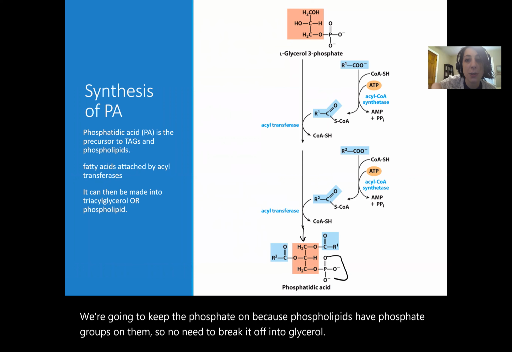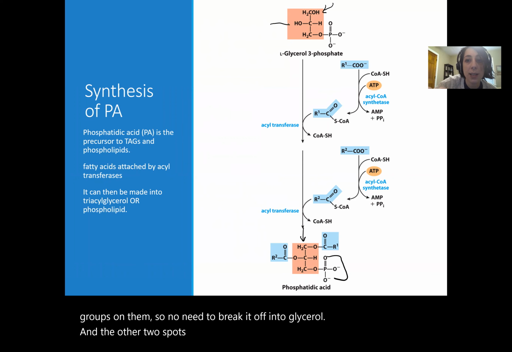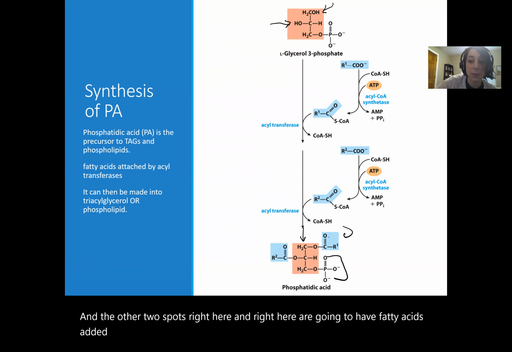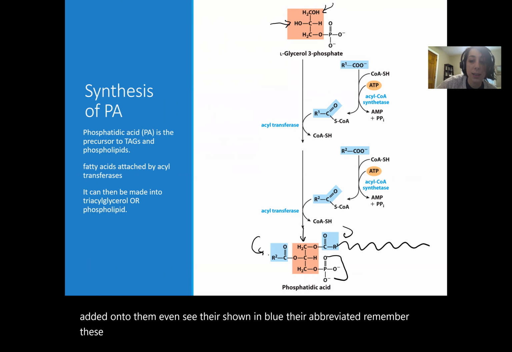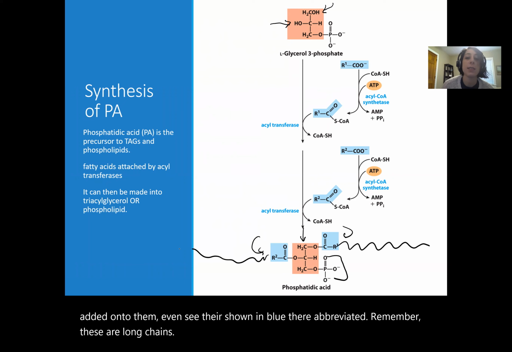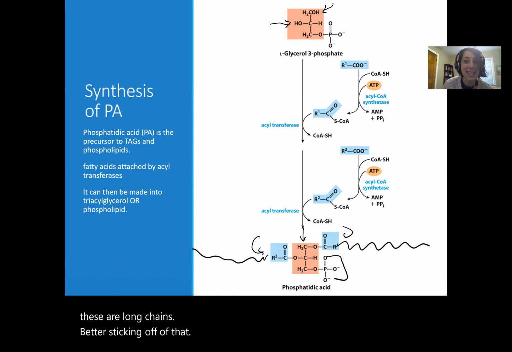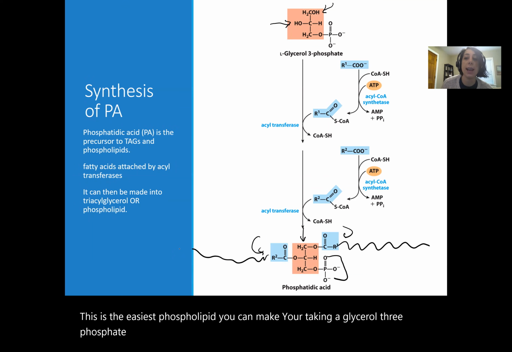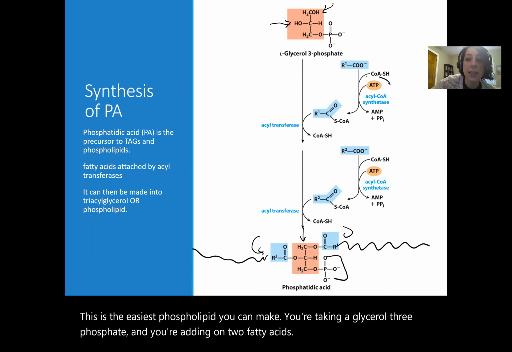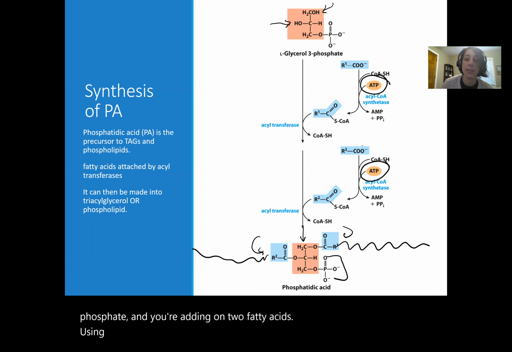And the other 2 spots, right here and right here, are going to have fatty acids added onto them. You can see they're shown in blue. They're abbreviated. Remember, these are long chains that are sticking off of that. So this is the easiest phospholipid you can make. You're taking a glycerol 3-phosphate and adding on 2 fatty acids, using ATP per fatty acid that you add on. So we have to use ATP for this.